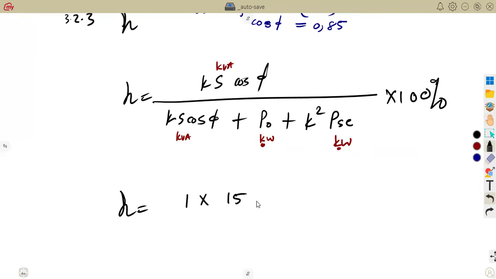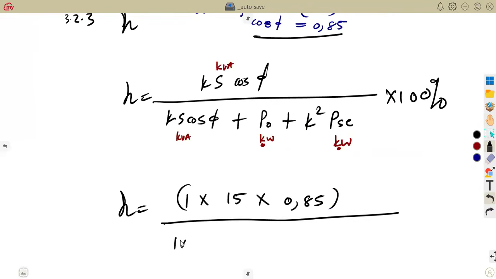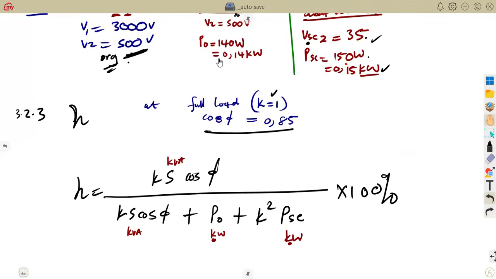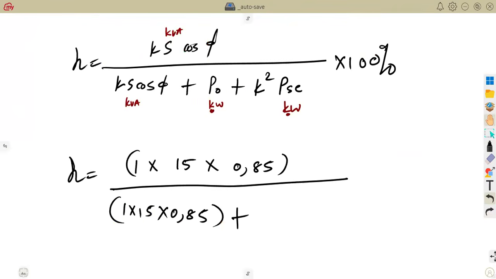So that was 15 kilovolt amperes times cos phi, which is our power factor, 0.85, everything over 1 times 15 times 0.85, plus our open circuit. Since we used the kilovolt amperes, we use the kilo values. So open circuit is 0.14 in kilowatts, plus K squared.